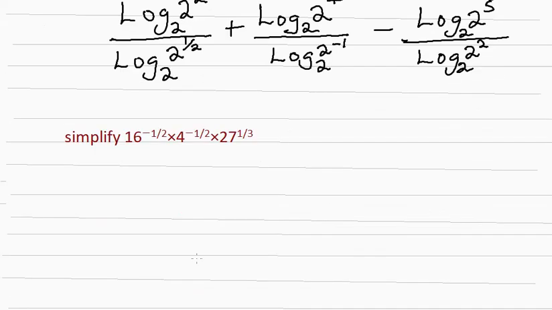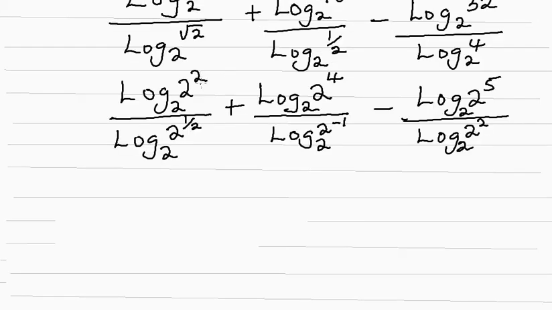Let me take it down. Here we go. We can apply the power law, so the power goes in front of the log. That's 2 log 2 in base 2, divided by half log 2 in base 2. The same thing happens here: the power always goes in front of the log.